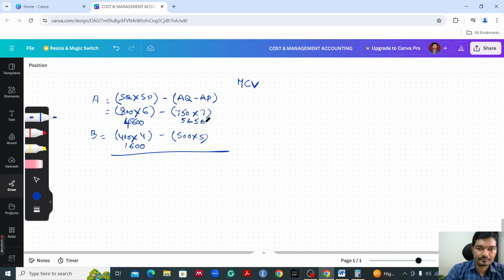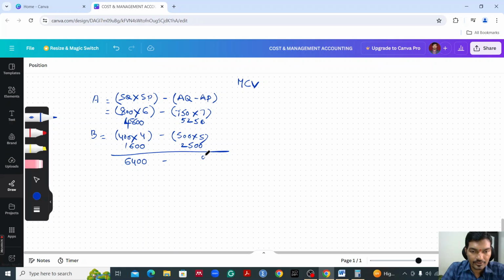Here 2500. So 4800 for material A, for material B 1600, together 6400 minus 5250 plus 2500.